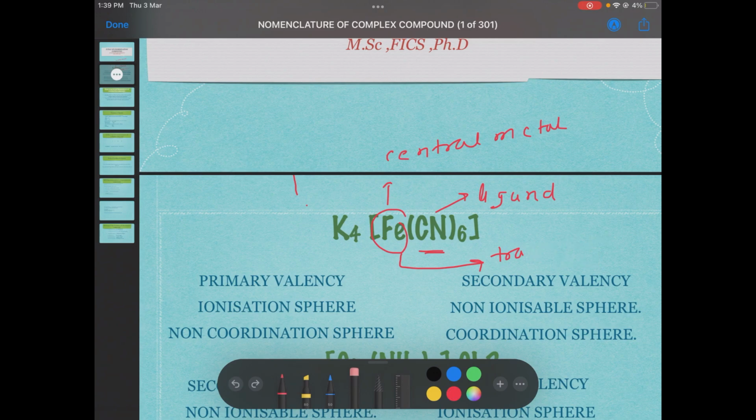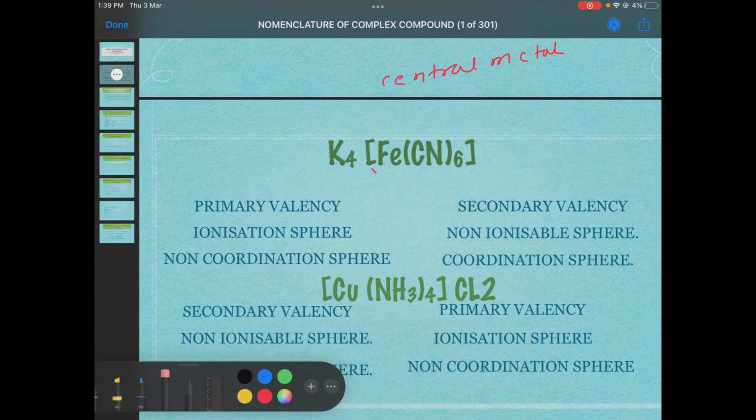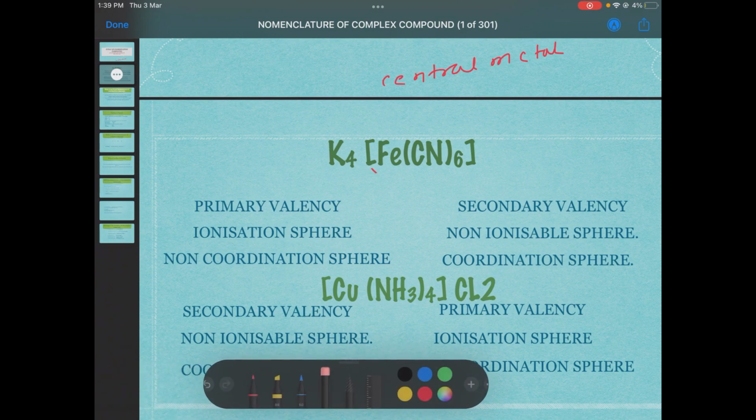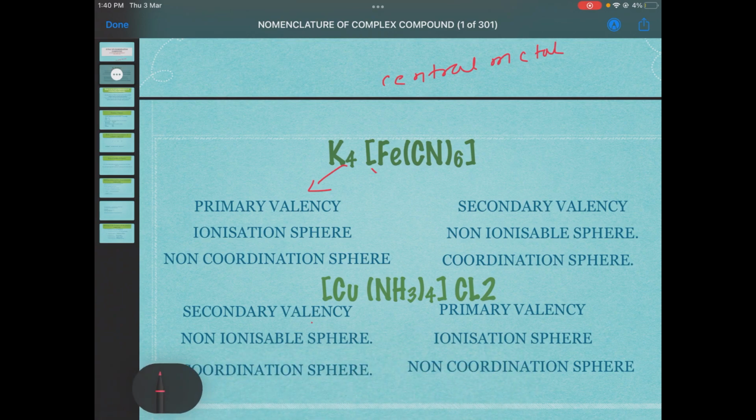Now students, note that if I want to discuss a complex compound in detail, there are certain features of the complex compound to be considered. This is what is called the primary valency and this is the secondary valency.